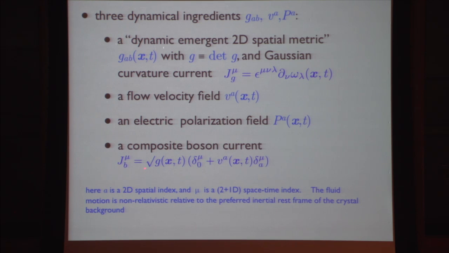The determinant of the metric, as in the usual case of a metric, will control the density of the composite bosons, and they will have some velocity relative to the background inertial frame of the crystal time axis.